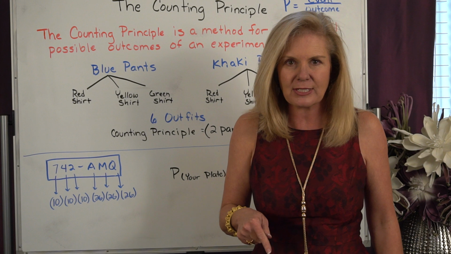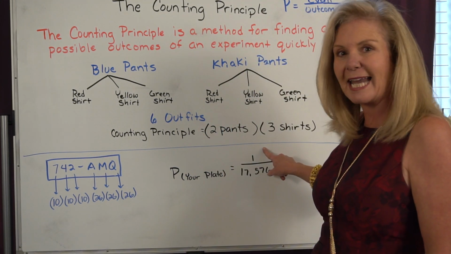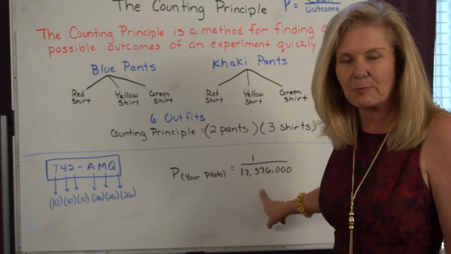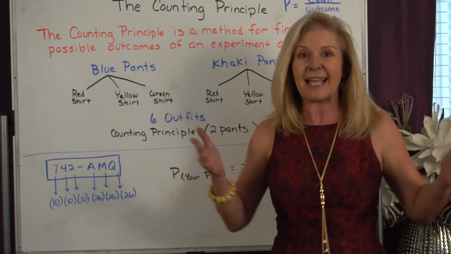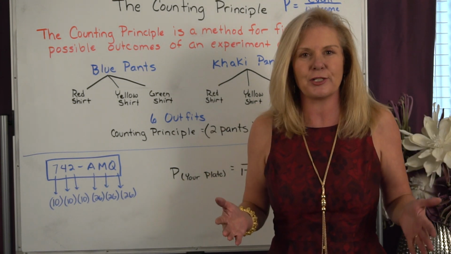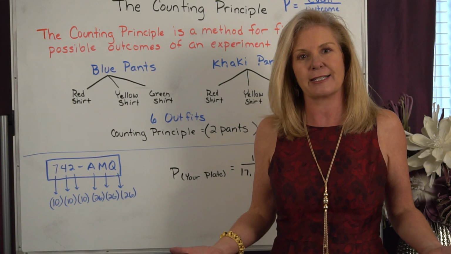Now, how many of those license plates would be yours? Well, only 1 out of those 17,576,000 license plates. That's why license plates are such an ingenious way for us to actually register or document all the cars that are on the road.